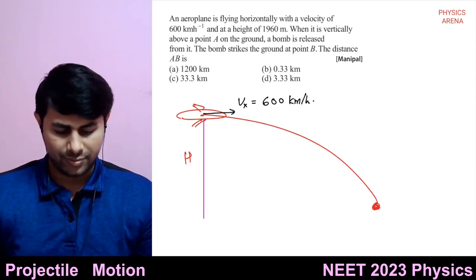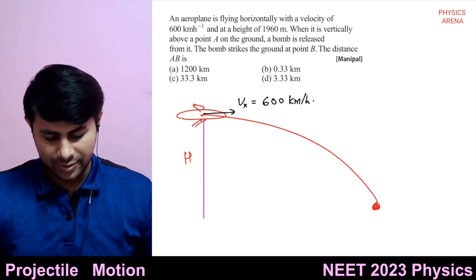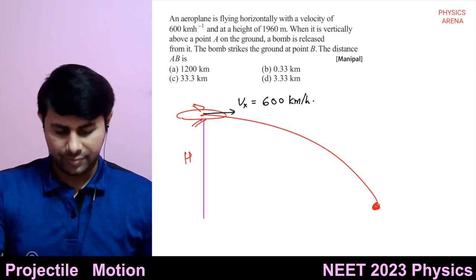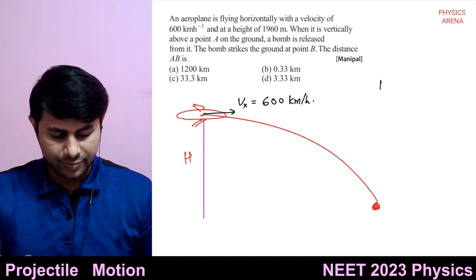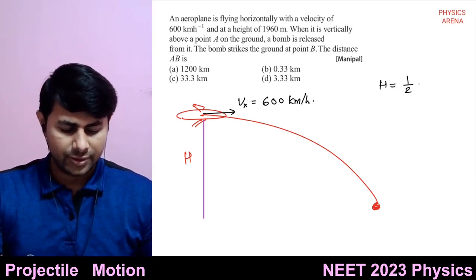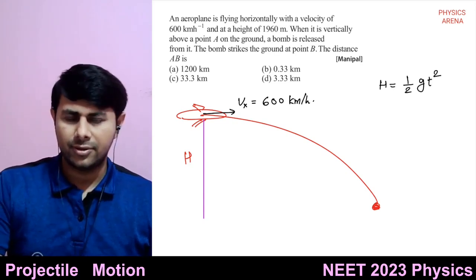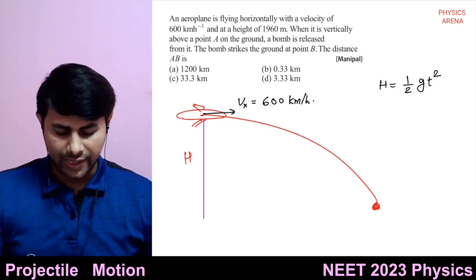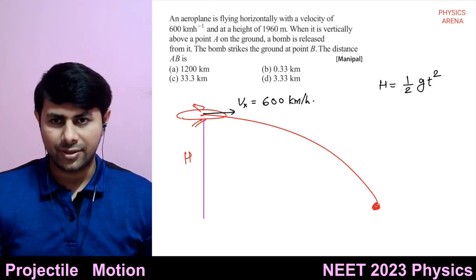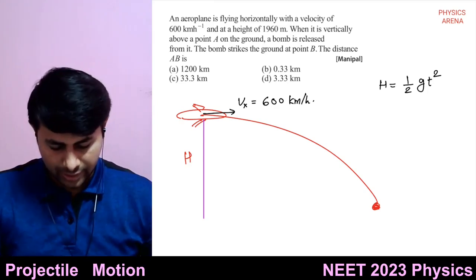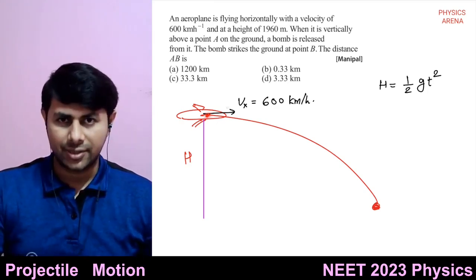Using which formula? H is equal to half of gt square, because it has no velocity in y direction. So if you throw a bomb, then velocity in y direction is 0.